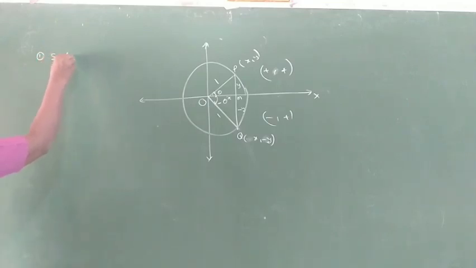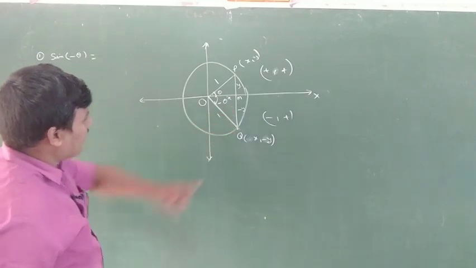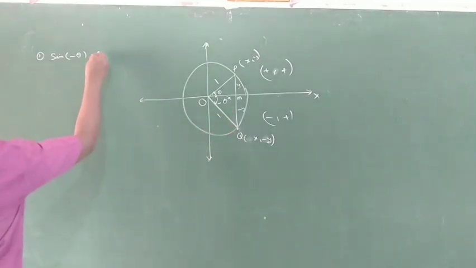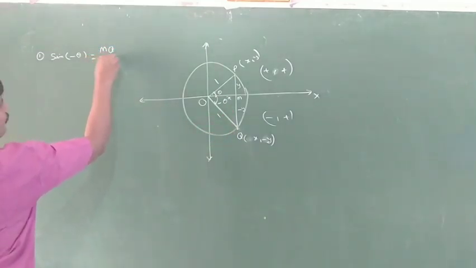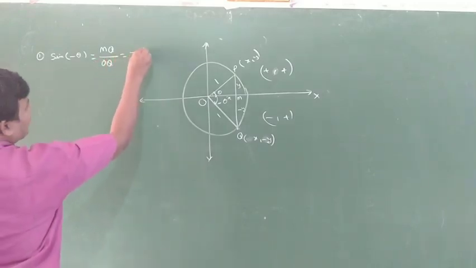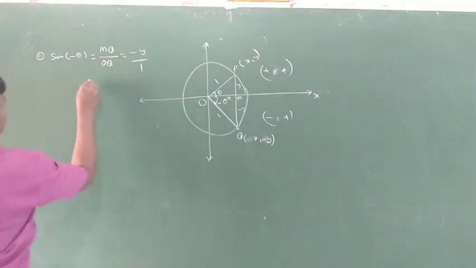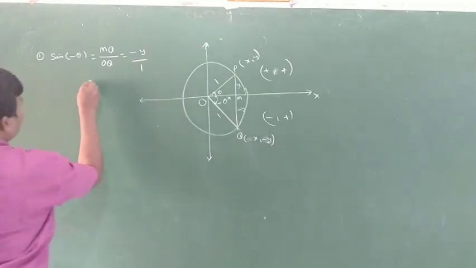Sine of minus theta: opposite side is MQ, divided by hypotenuse OQ. MQ is minus y, so MQ by 1 is equal to minus y.